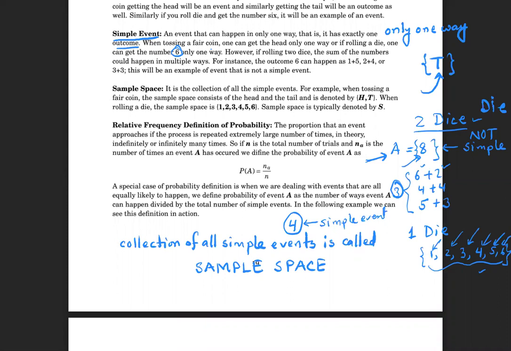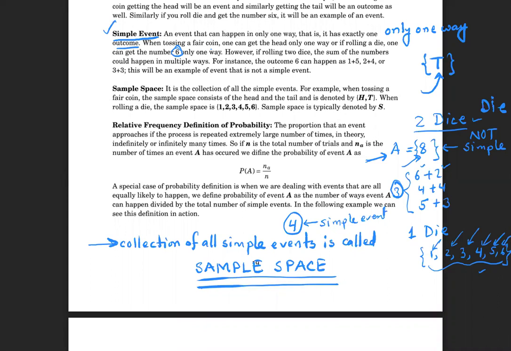In an experiment or trial, the collection of all the simple events is called sample space. So this is a definition you should know. What is a sample space?